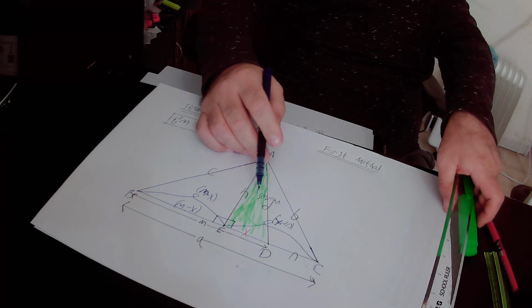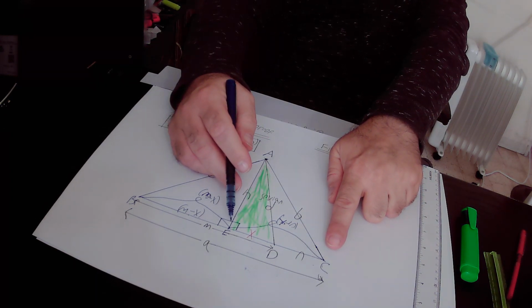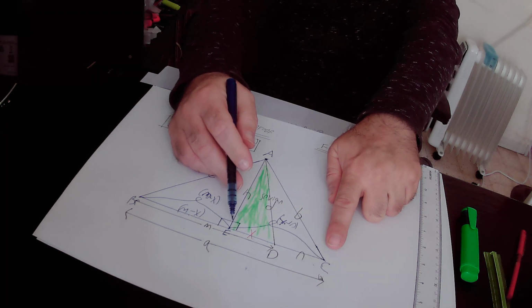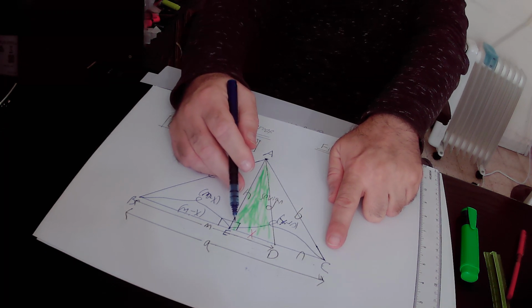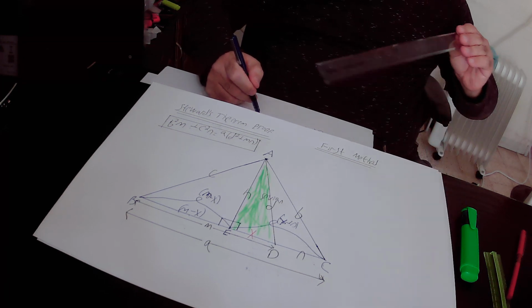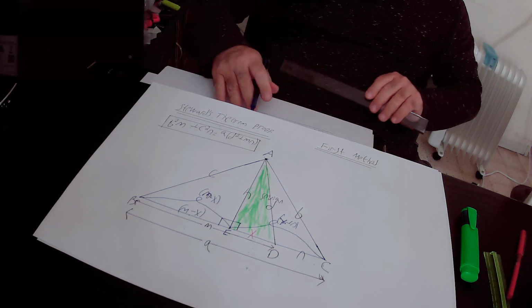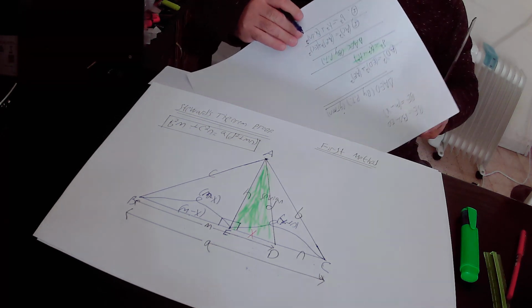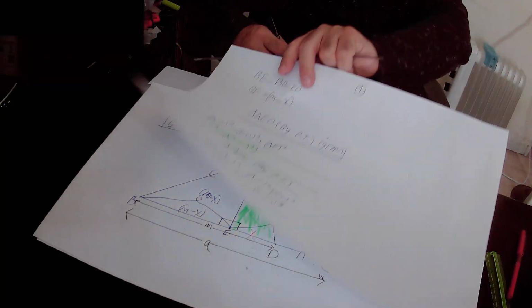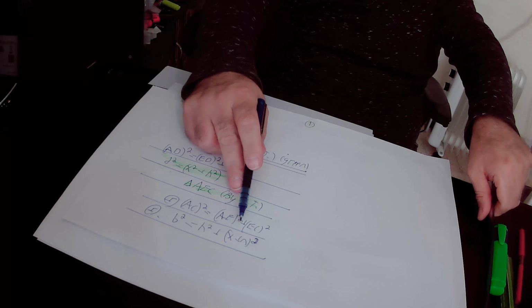We have already found out that the length of side EC is x plus n. Therefore, EC squared is (x plus n) squared. So, according to the Pythagoras theorem, in the right triangle AEC, b squared equals h squared plus (x plus n) squared.